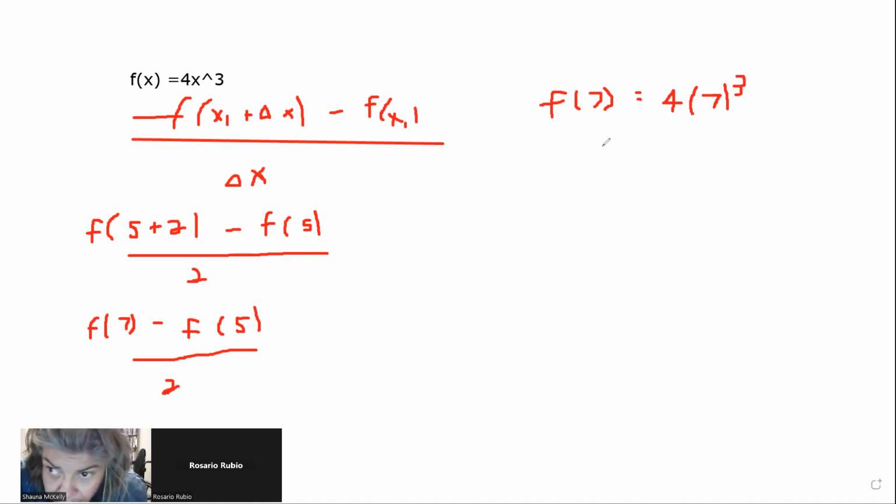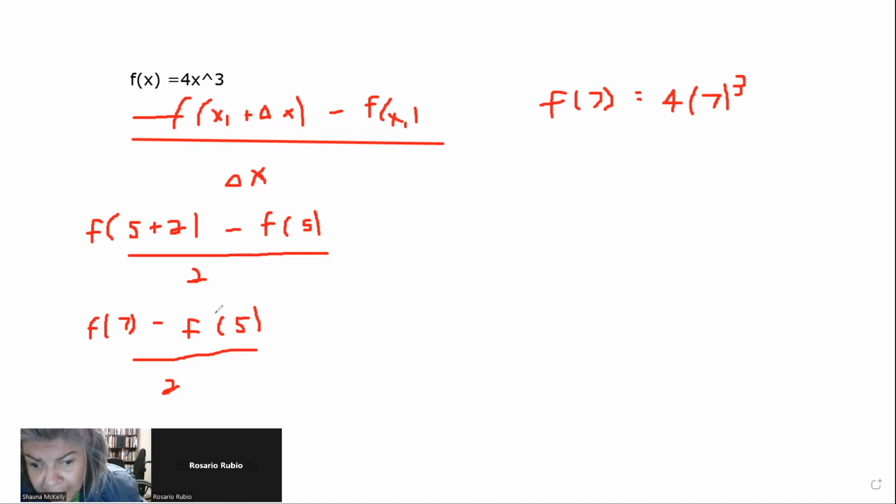I have a question. Yes. So once we're done, I see the step 1 where we plug in, and then 2, which is f of 7 minus f of 5 over 2. Is that where we stop and plug that into the function? Yeah. I need to know what these numbers are before I can subtract them.